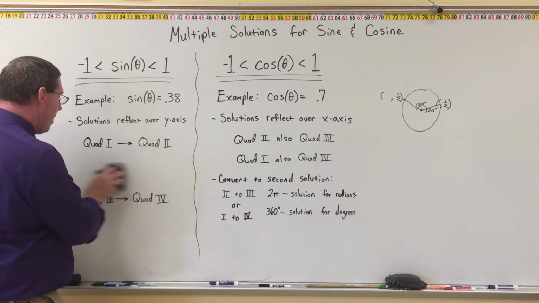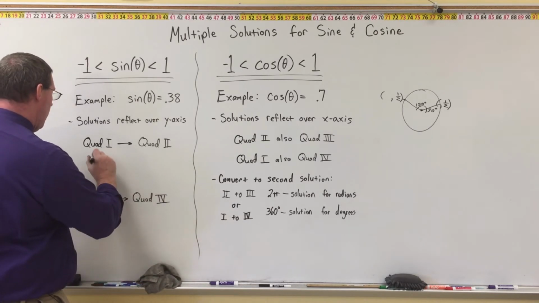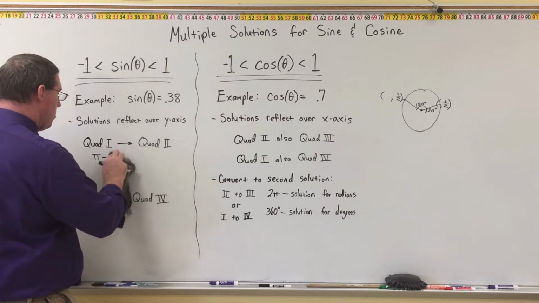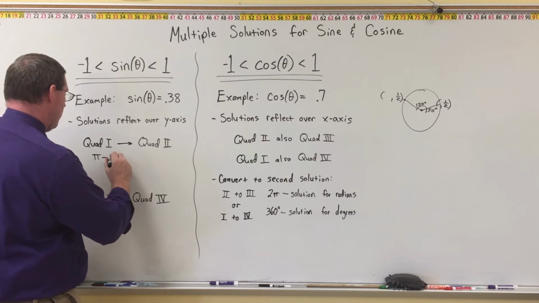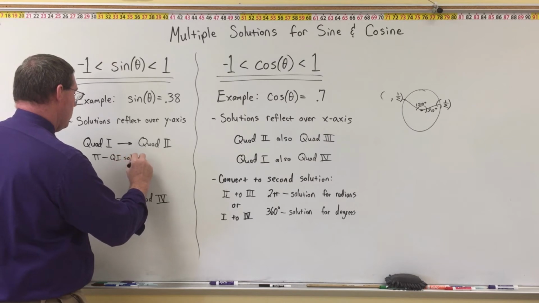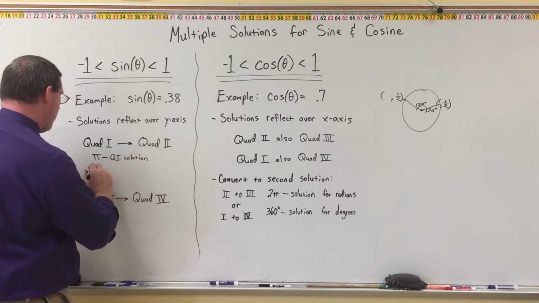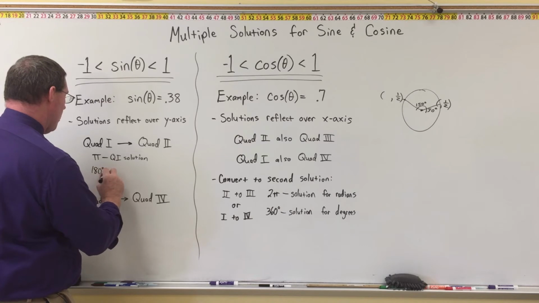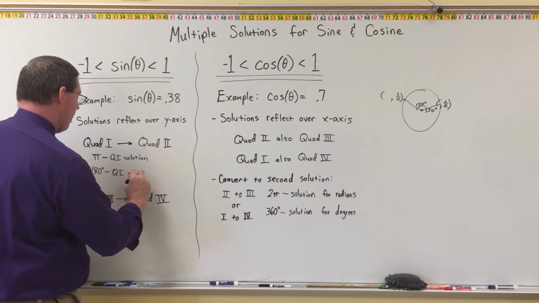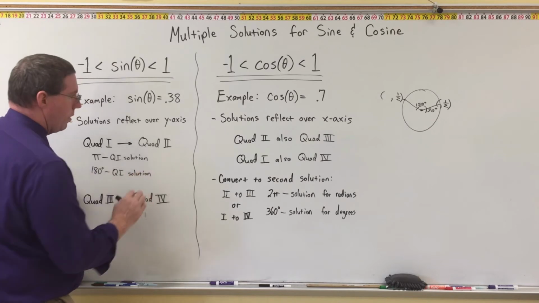Well, in terms of radians, the rule would go, basically you're just going to do pi minus the quadrant 1 solution. Or you can say 180 degrees minus the quadrant 1 solution. In fact, I'm going to come over here and edit this.